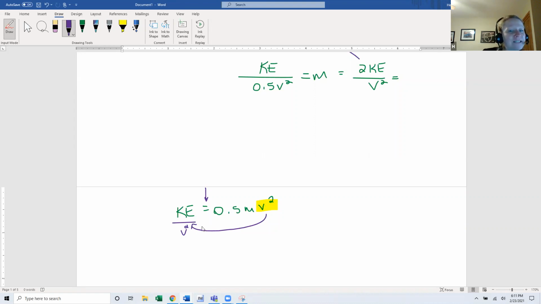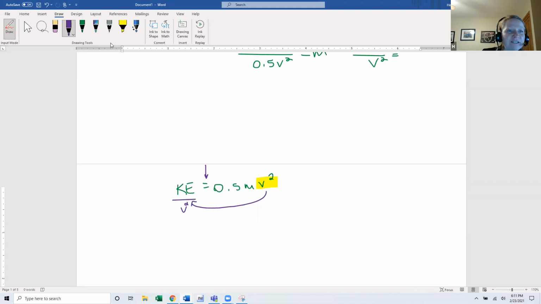So multiplication becomes division when we swing. If we swing the V squared over, I just know that goes to the bottom and I end up with KE over V squared. So we're in the same spot we were in with the other way, 0.5 M. Now I do the same thing with the 0.5. I swing it to the other side. On the right, it's a multiplication, so on the left, it becomes a division, which means it moves to the bottom.